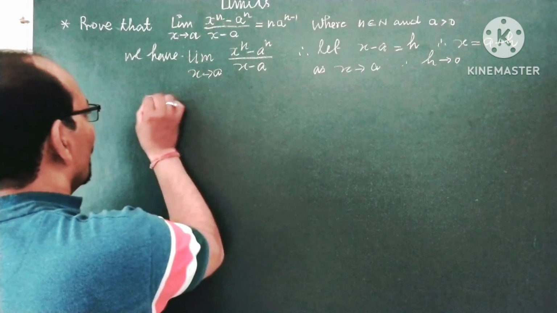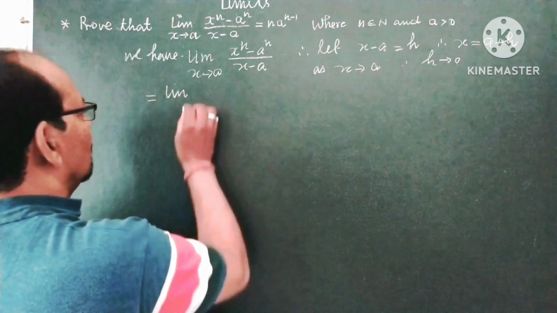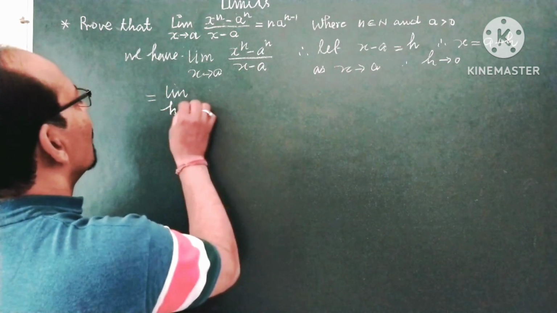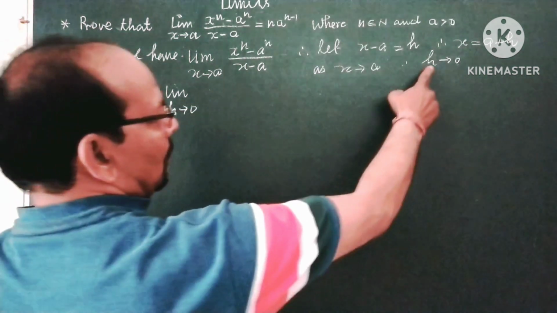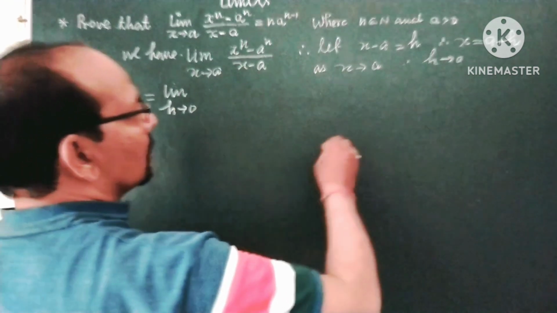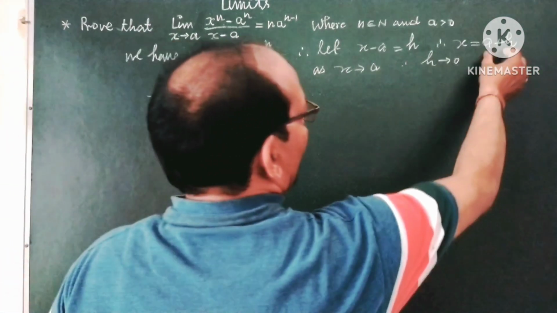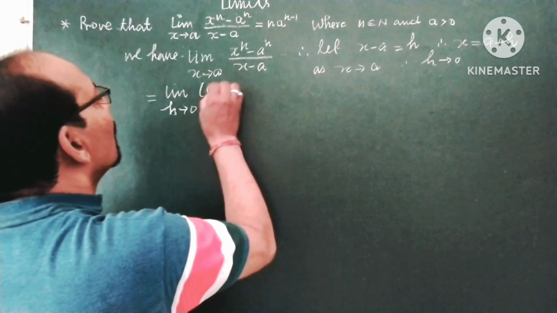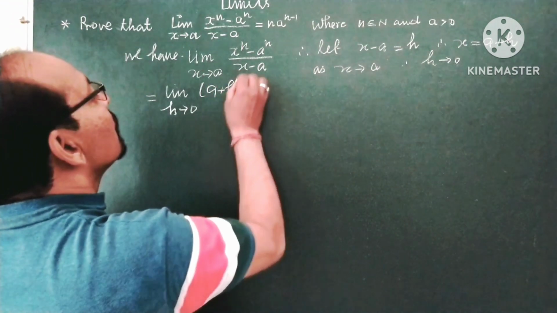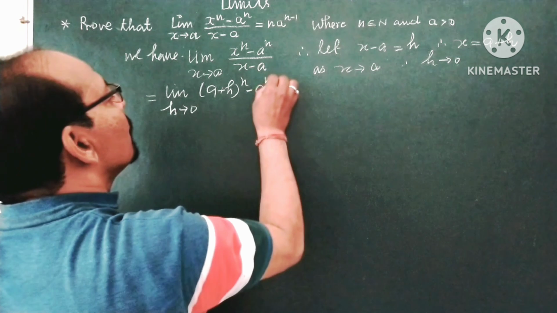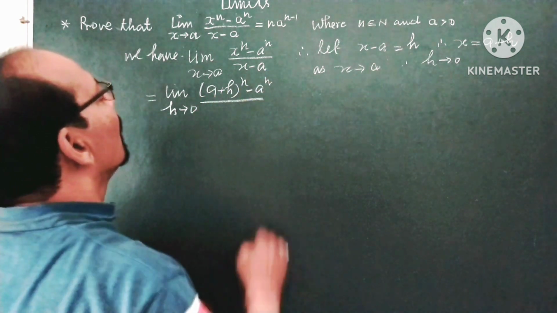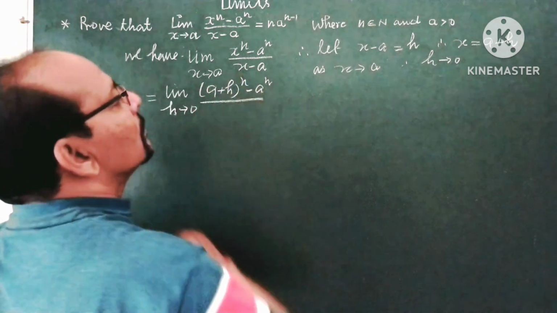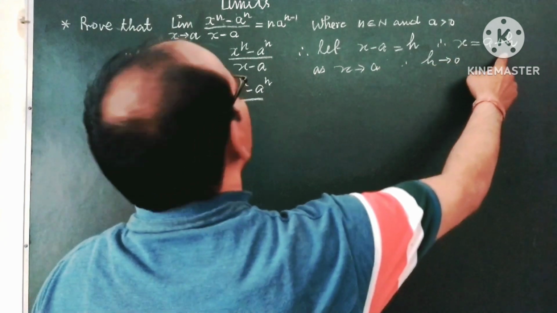Therefore, limit h tends to 0, and in place of x we have (a plus h) raised to n minus a raised to n upon, in place of x, a plus h minus a, there will be only h.